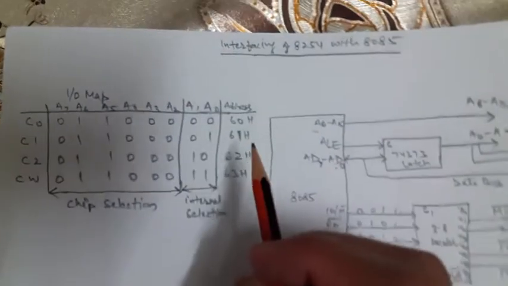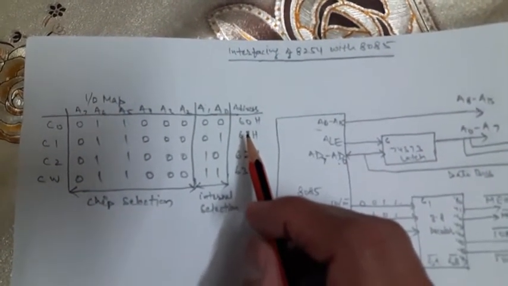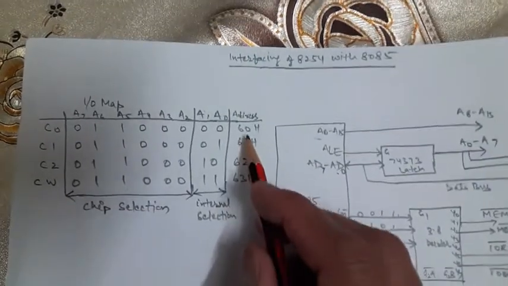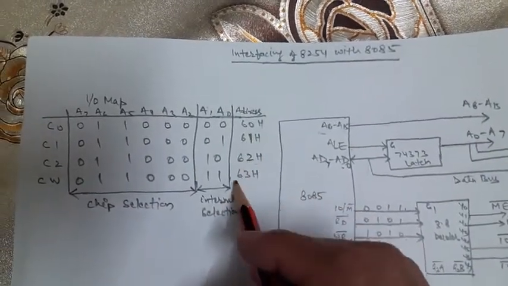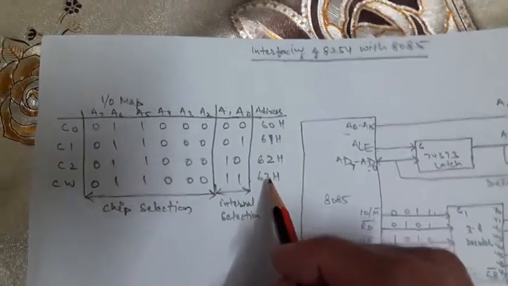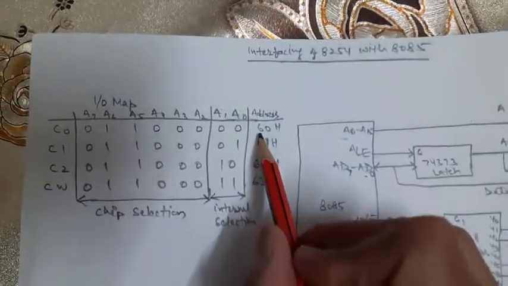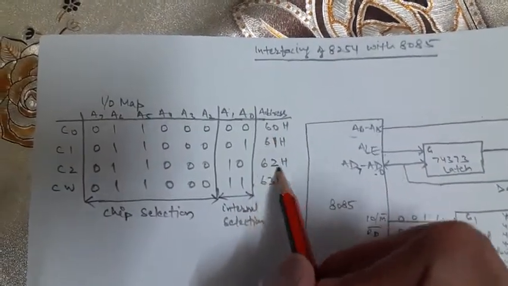For consistency with the remaining interfacing videos of 8255 and 8259, I have taken 60, 61, 62 and 63. I will show you examples with some other addresses also, but let us continue with these. Suppose we have taken the addresses 60, 61, 62 and 63.